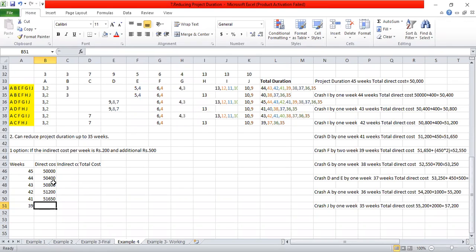For the 39th week, what is the value? 52,550. For the 38th week, 53,250. For the 37th week, what is the value?